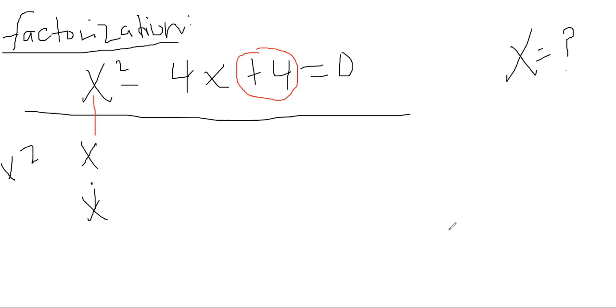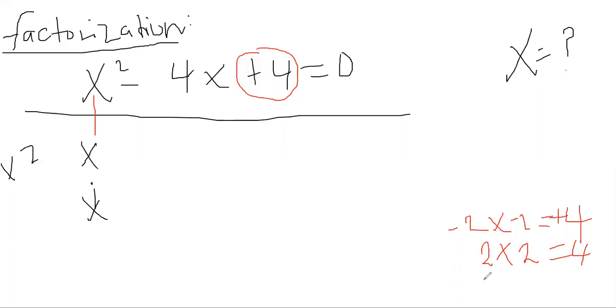So we know that minus 2 times minus 2 will give us positive 4, that is plus 4. But equally also, we can say 2 times 2 can also give us 4.